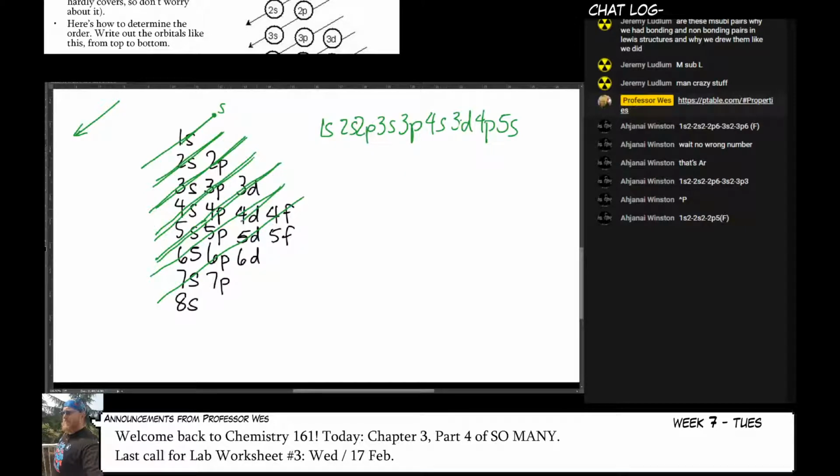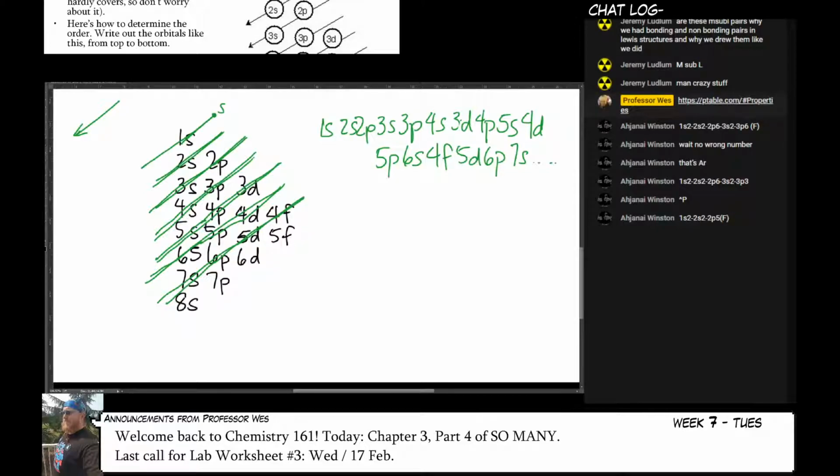And then 4d, 5p, 6s. And then 4f, 5d, 6p, 7s. And then keep going as far as you need to go until you get all of the electrons that you need. So now you can draw an electron configuration for literally any element on the periodic table.